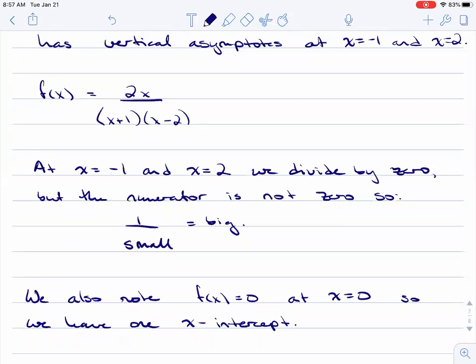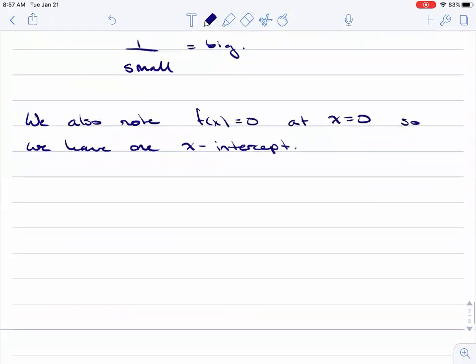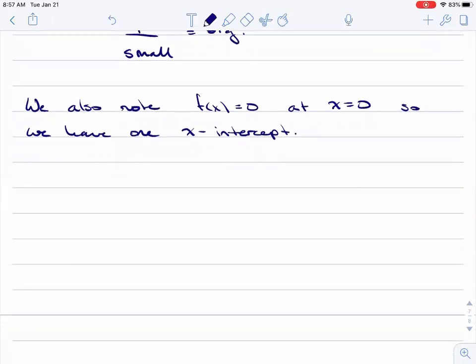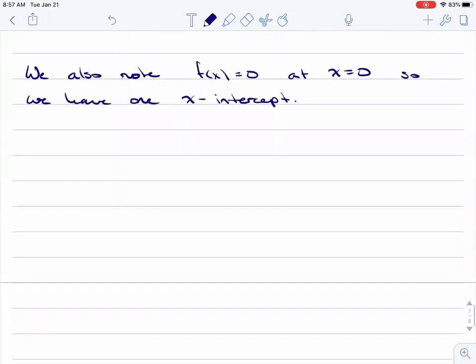So we're not saying that x equals 0 is an asymptote. We're just saying that the output values are going to change from being positive to negative. And so what we can do is draw a number line here. Let's start at -1.